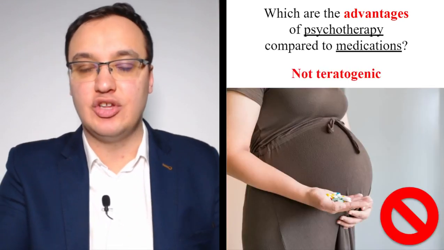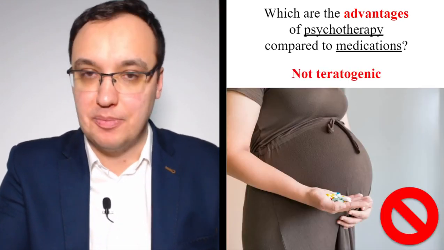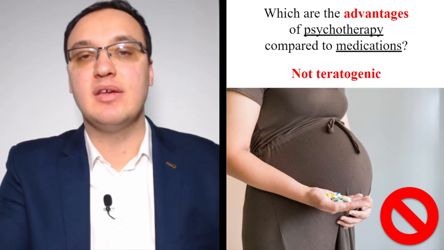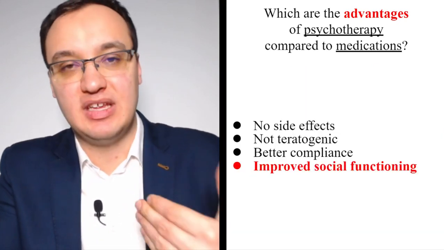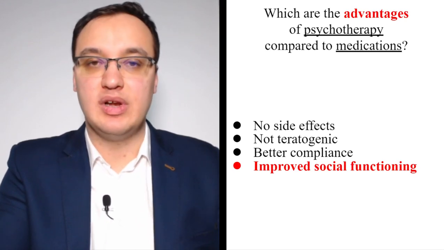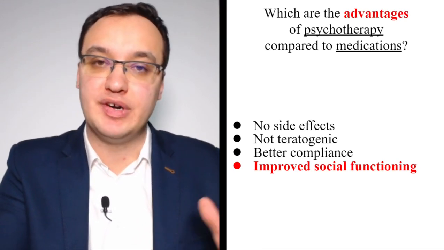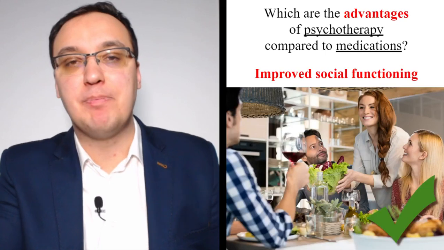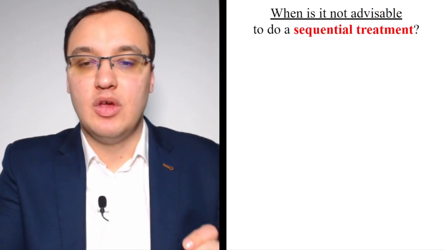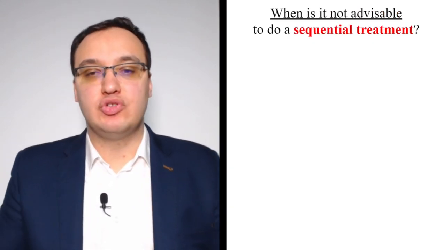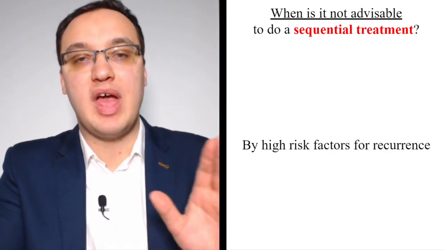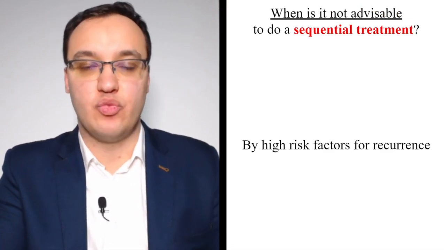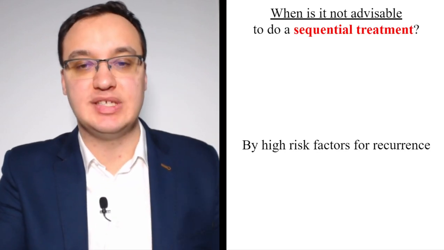It's not teratogenic, meaning it's not harmful for a pregnant woman's baby, and there's better compliance, meaning the patient will go to psychotherapists rather than taking medications, and improved social functioning. When is it not advisable to do sequential treatment? When we have a high risk of recurrence, the list that we had, child abuse and these things.